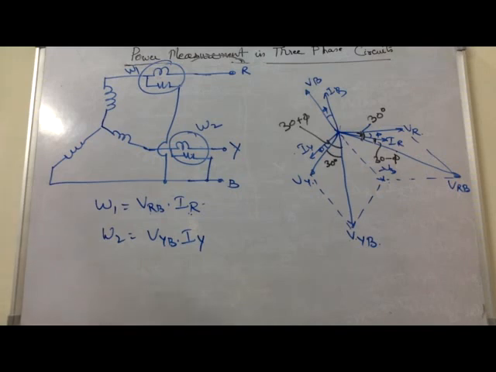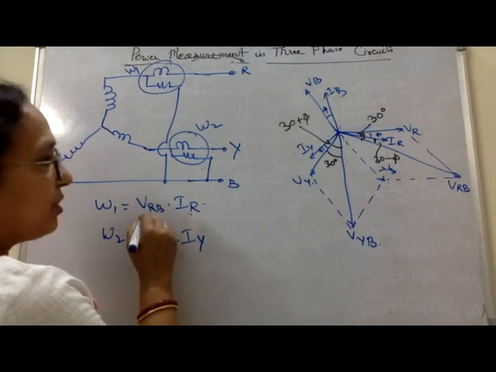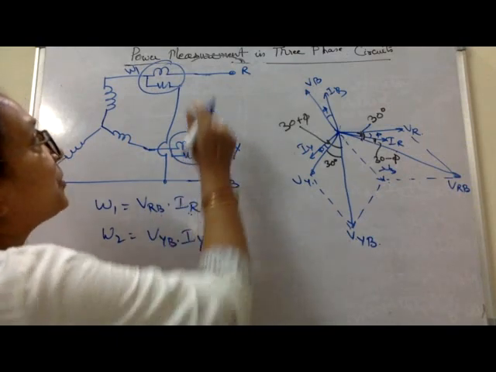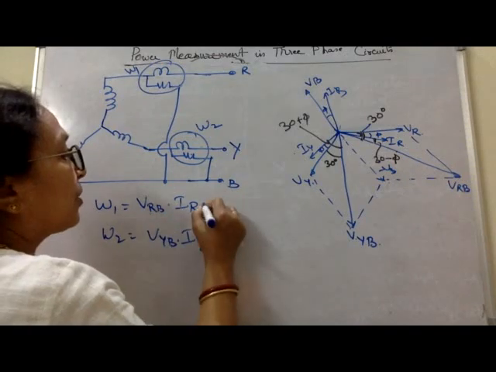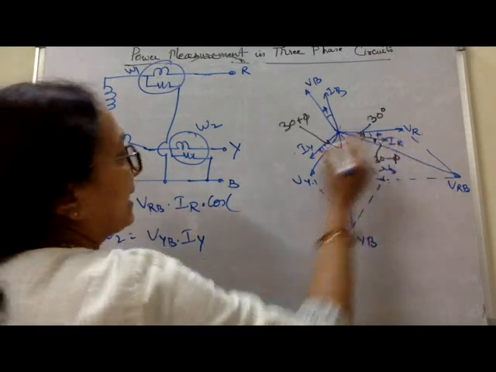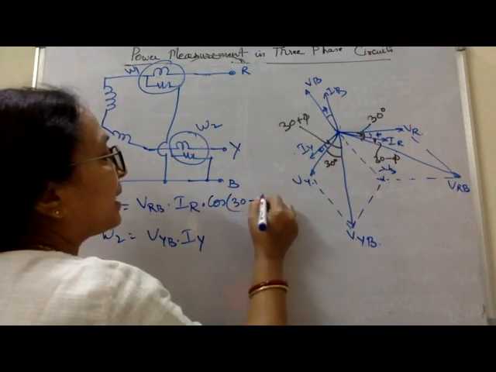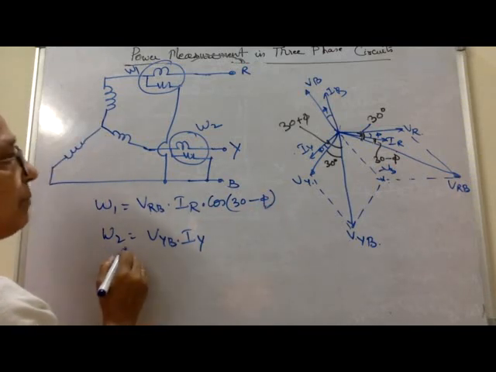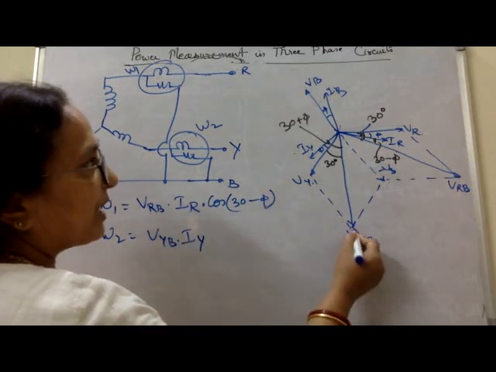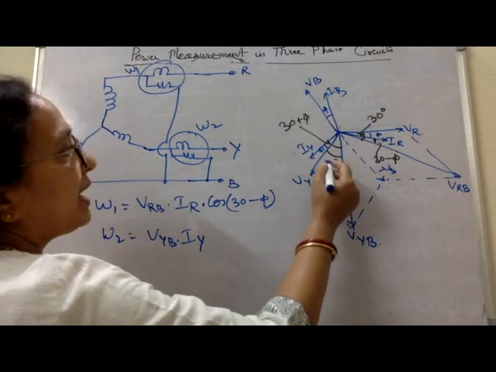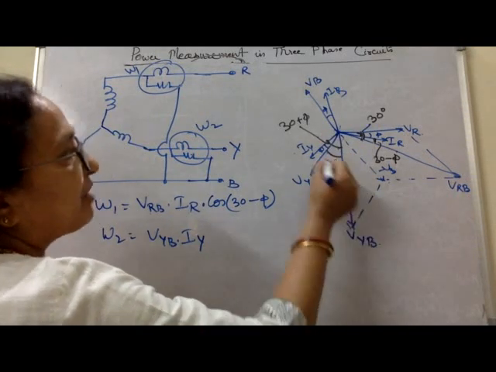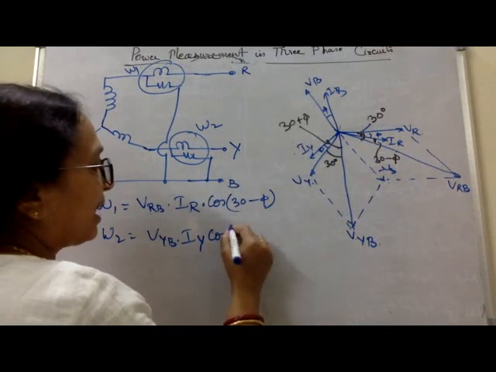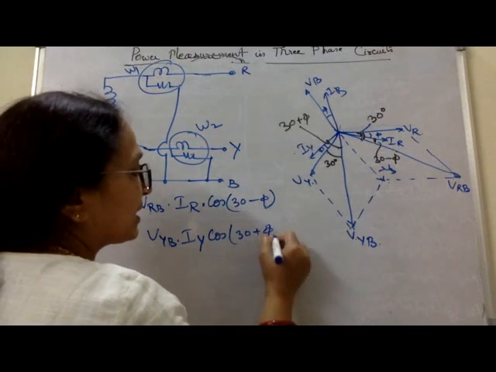Therefore, we can say that W1 reads the voltage VRB into IR into cos of this angle, that is 30 minus phi, and W2 reads the voltage VYB, current IY, and the angle is 30 plus phi.